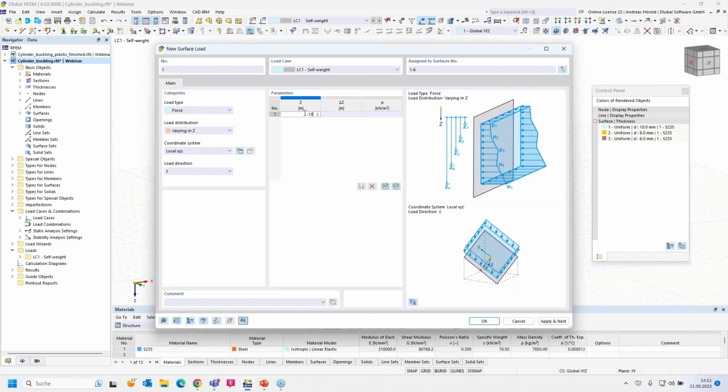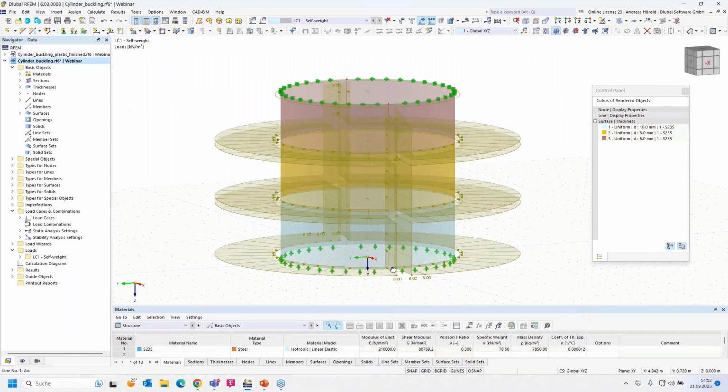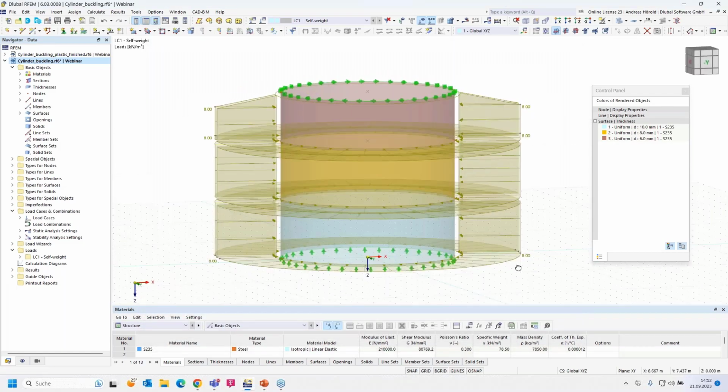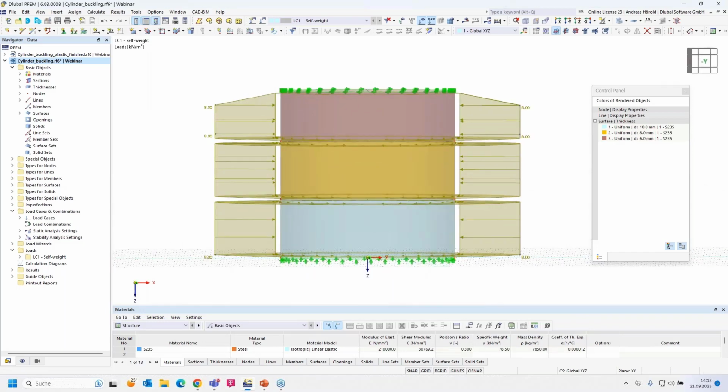We start with the upper value, -10. It's 0. Then in -9.2, the value -8. And at the bottom, we have also the value -8. That's all. And you can see the load as in our example.